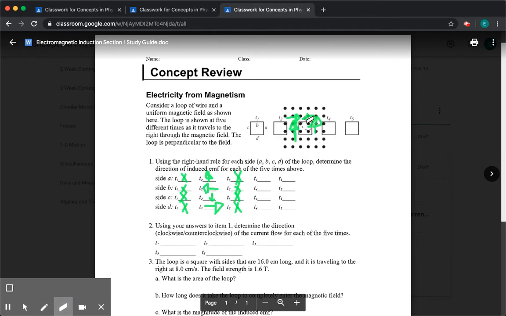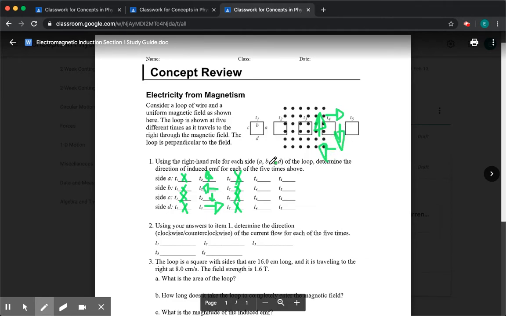T4. At T4, you have the opposite of T2. At T4, only the left side is inside the field. And if that's the case, then you're going to have flow going up on this side only, which is going to push this to the right, which is going to push this down, which is going to push this to the left.